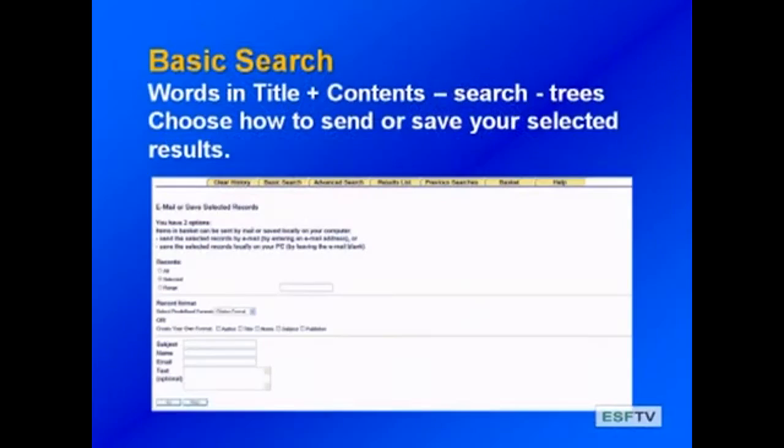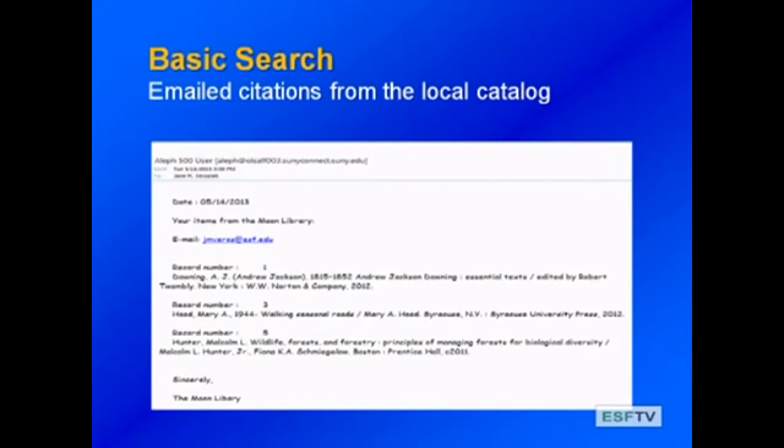Let's continue on and talk about your results and what they look like when you do email them to yourself. So for example, if I click on Save Email, it's giving me the instructions on how to save or email. And here I'm just going to show you, because a lot of people would do this, you might email yourself the citations, and this is exactly what it will look like.